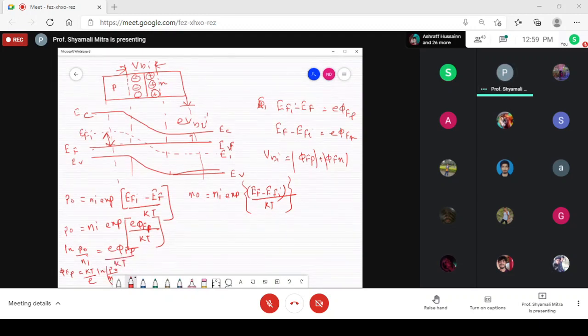So phi FP is that, and if we can take out phi Fn, then from this expression, what we are left with is N0, just putting the value of EF minus EFI and then writing it over here.